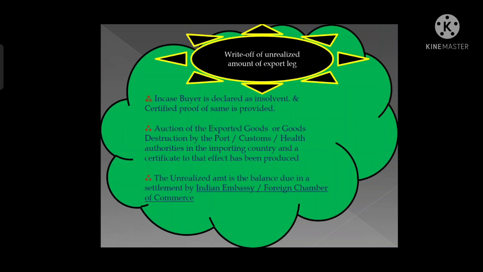Then the bank can write off. It shouldn't happen that the bank misses it, but if a situation arises where the bank forgets to write it off, the merchant trader can draw attention to it. So wherever the amount is reflecting as outstanding in an export leg where the settlement has already happened through an Indian embassy, foreign chamber of commerce or any other authority, the bank can write it off.